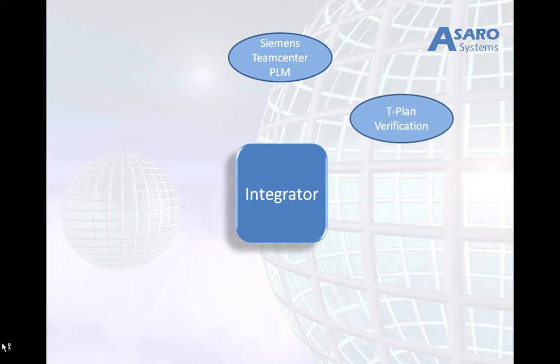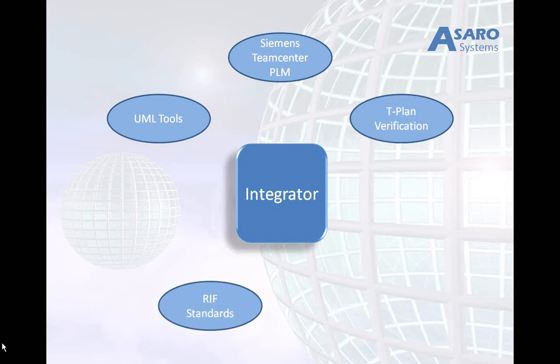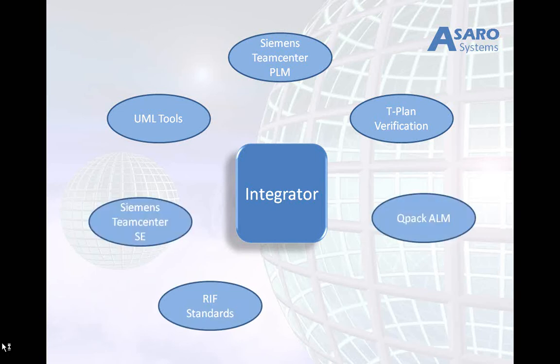You can then integrate this with the T-Plan verification tool, or maybe different UML tools, RIF standards, the QPAC ALM product set, Siemens Teamcenter Systems Engineering, or DOORS. It doesn't matter which of these products is your source and which is your target. All of these products now integrate fully with each other because they go via the integrator core application.